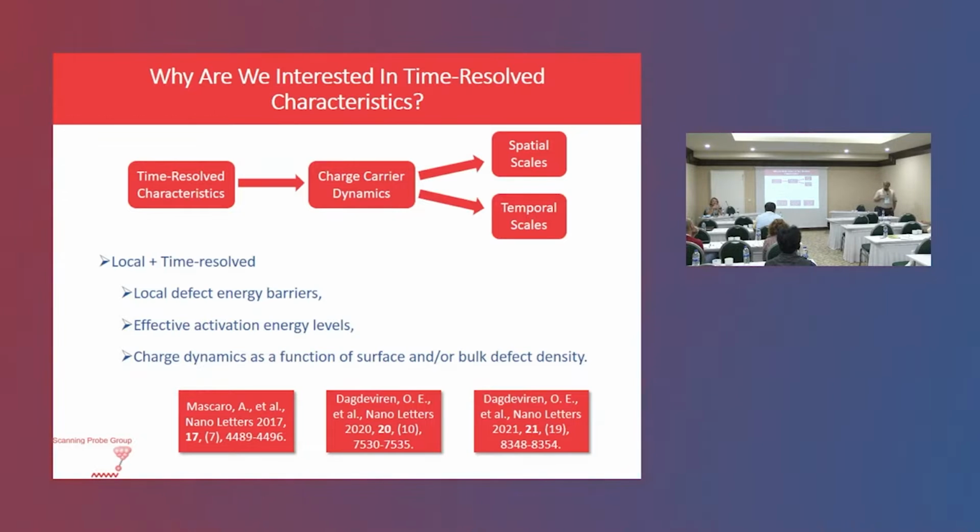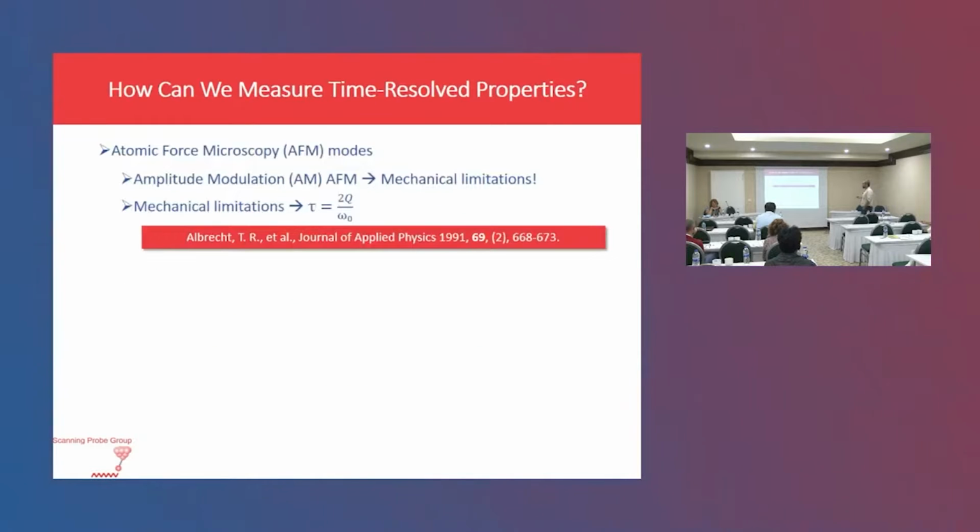Of course, this looks cool, and this may give us some interesting physical or chemical background, but the question is, how can we measure time resolved properties? I believe the majority of you have used or at least heard about atomic force microscopy. When we talk about atomic force microscopy, there are basically two different modes.